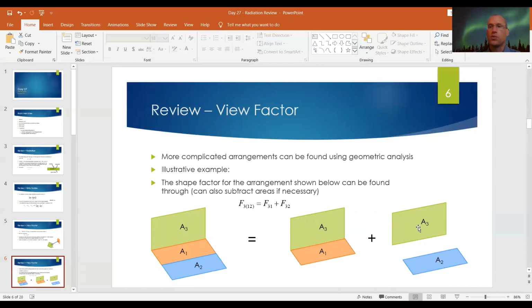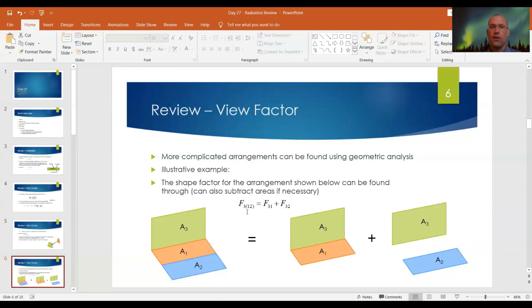But what I can do for situations such as this is use an algebraic expression. If I want to find this one here, I realize that this one added to this one gives me this combination, and this combination is essentially the same as this combination in terms of the geometry. For the tables, both of these are given. Essentially what I do is count 1 and 2 as one object. That's what I'm calling F3,(1,2) in parentheses.